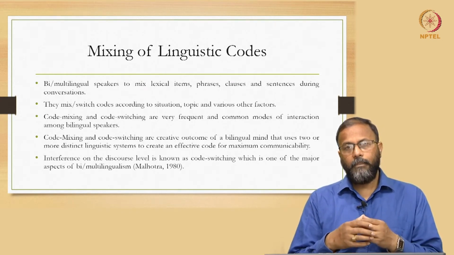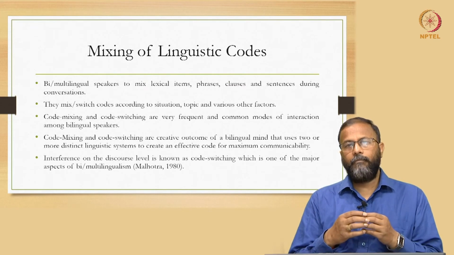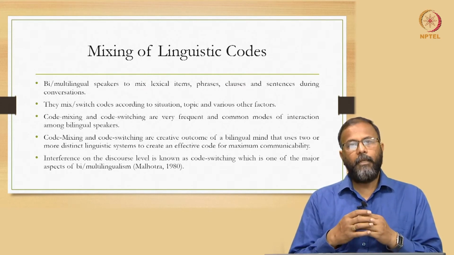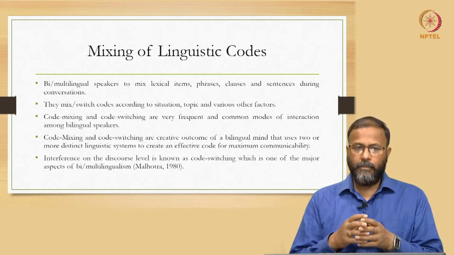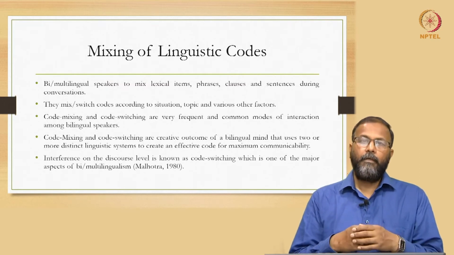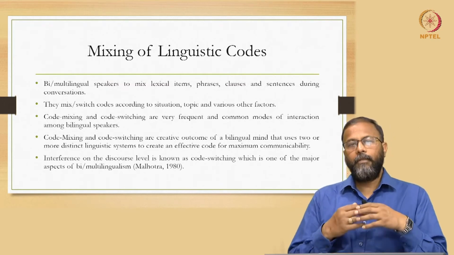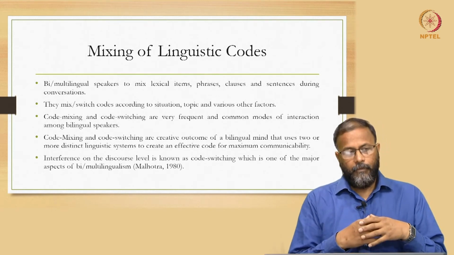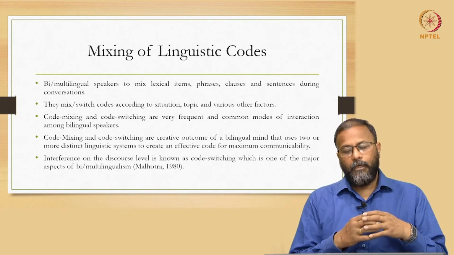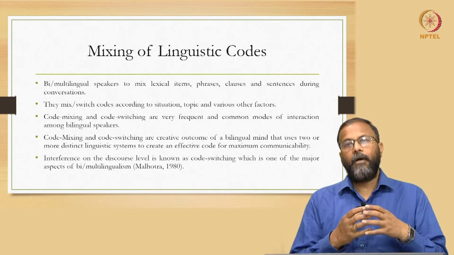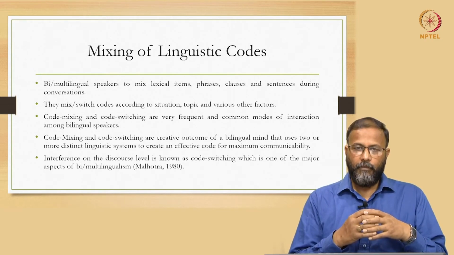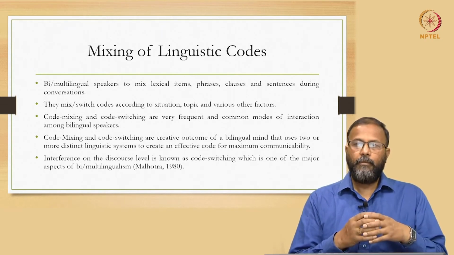So code mixing and code switching are very frequent and common modes of interaction among bilingual or multilingual speakers, and particularly in the Indian context, it is a very frequent and prolific phenomenon. Code mixing and code switching are a creative outcome of a bilingual mind. Why do we call it a creative outcome? I will talk about it just now.